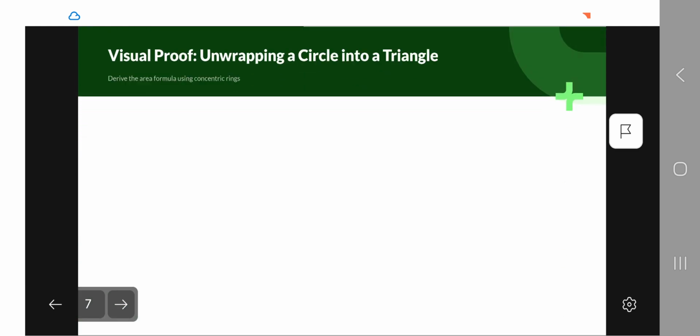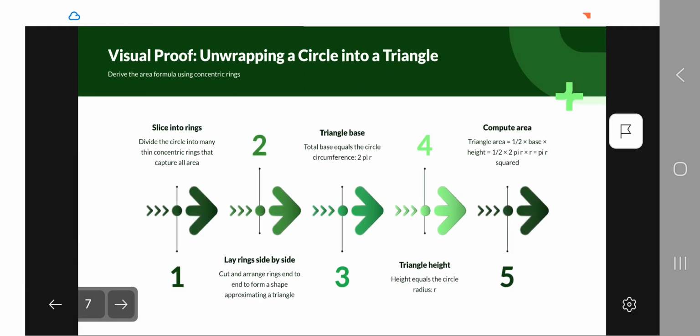So, visual proof. I'm wrapping a circle into a triangle. Now, this is crazy. So, slice into rings. Divide a circle into many thin concentric rings that capture all area. That's number 1. Number 2, arrange rings side by side.